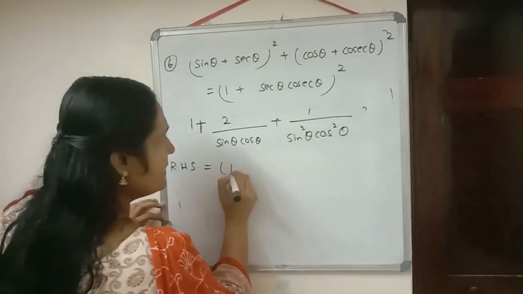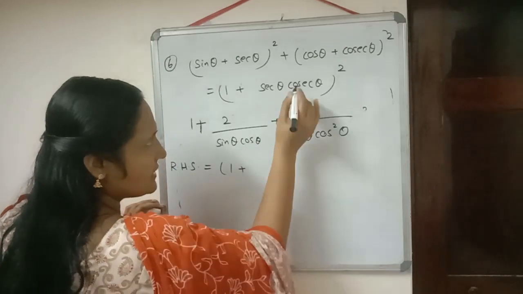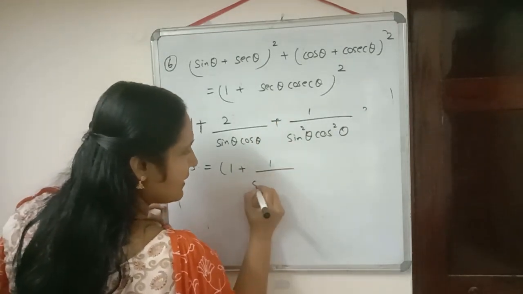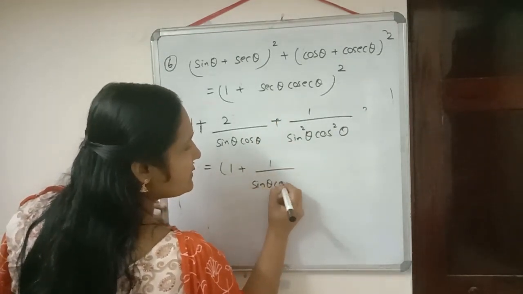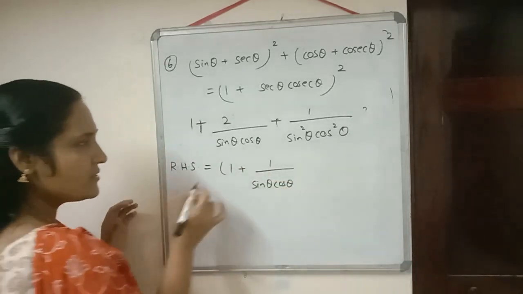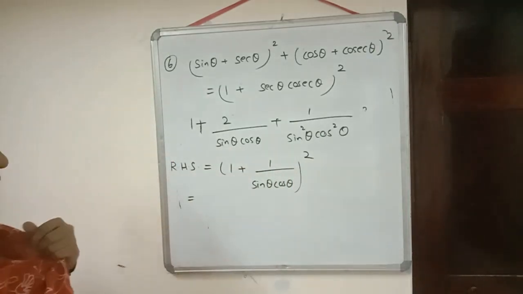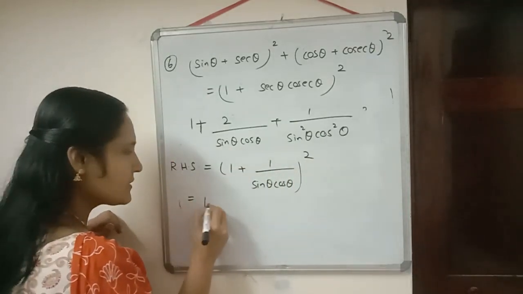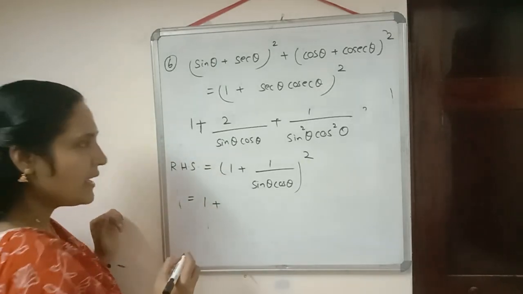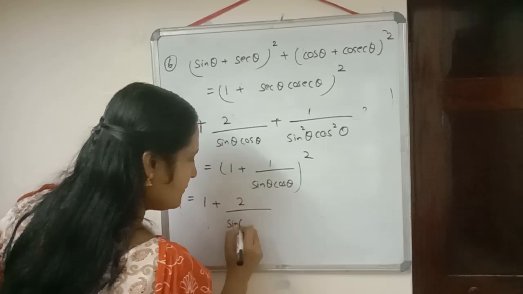So right hand side is 1 plus sec theta, which can be written as 1 by cos theta, and cosec theta can be written as 1 by sin theta. So we can rewrite it in this way, the whole square. Now just expand it using the identity. What will come? a square is 1, plus 2ab, so 2 into 1 by sin theta into cos theta.